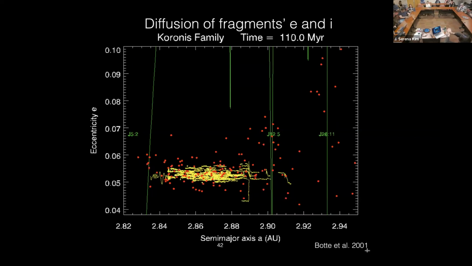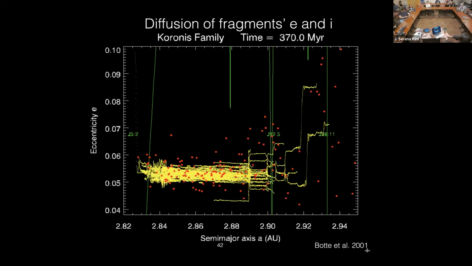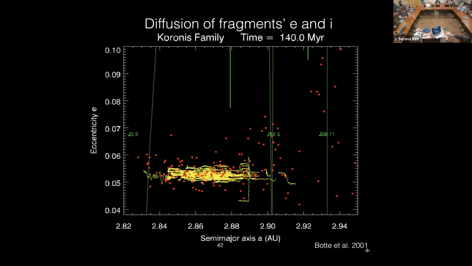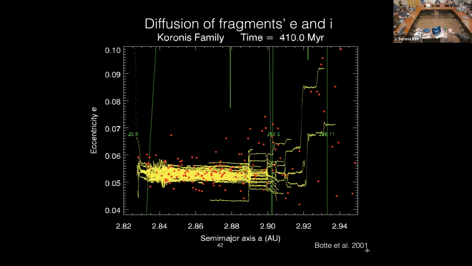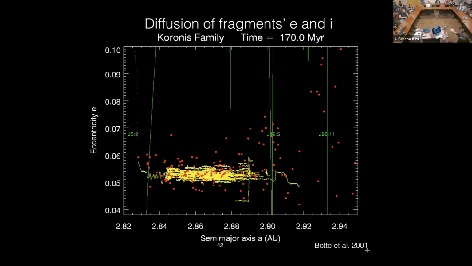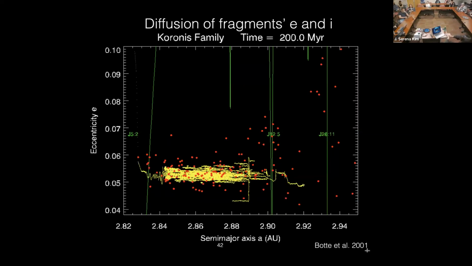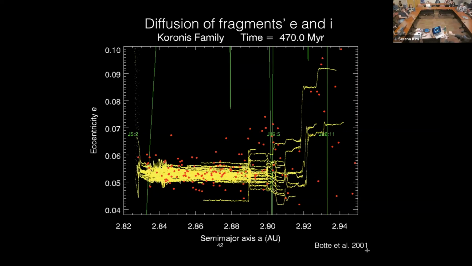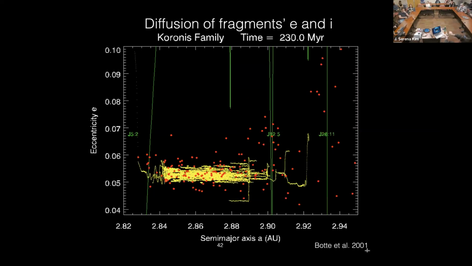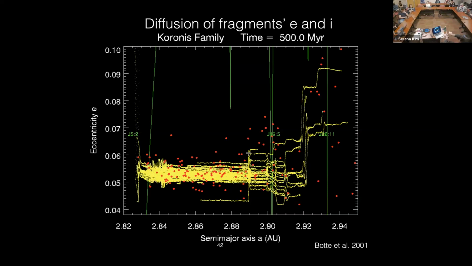And by evolving their semi-major axes, which is what these yellow pathways are for individual asteroid test particles, they start to encounter the mean motion resonances that I pointed out before, like the 3 to 1, the 5 to 2, the 7 to 3, and so on. And when the asteroids come into the regions of these resonances, their eccentricities start to increase stochastically.